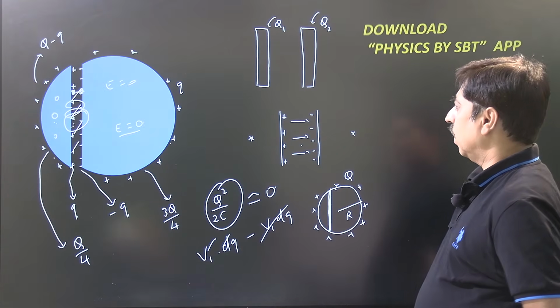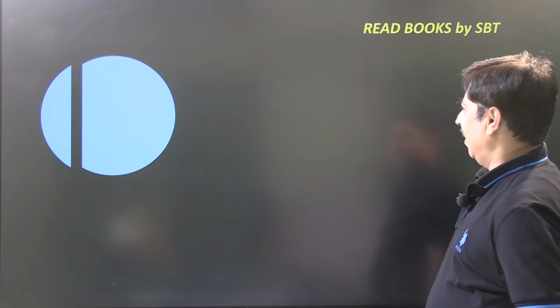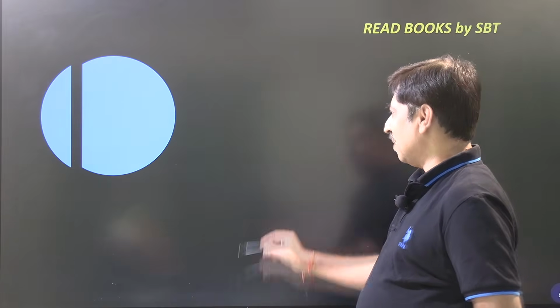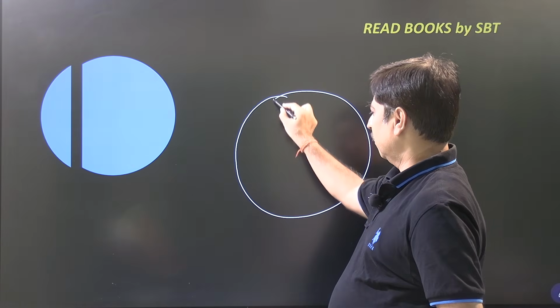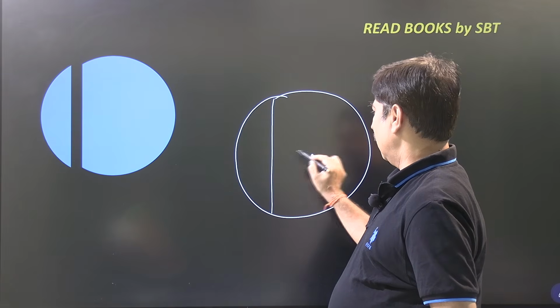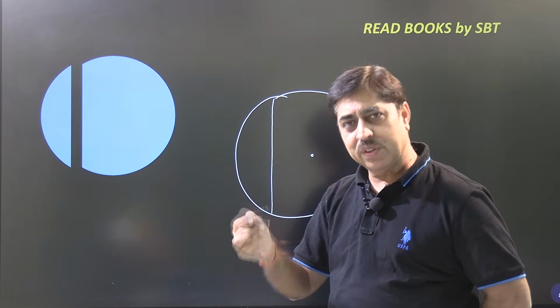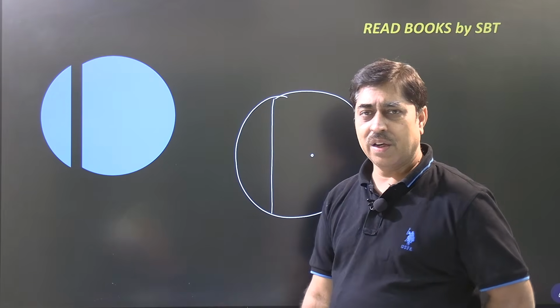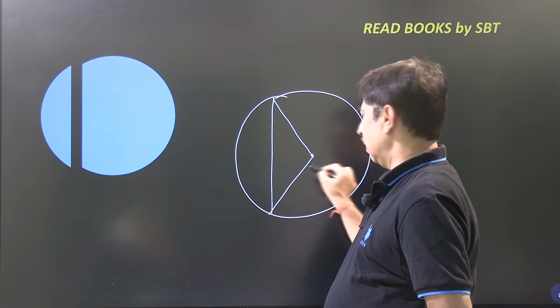Here you can make one simple mistake, I would say, but yes, you can make that mistake. So, I am not doing it for you, but be careful. If this surface area is 1/4 of the entire surface area of the sphere, don't think that this angle is 90 degrees.